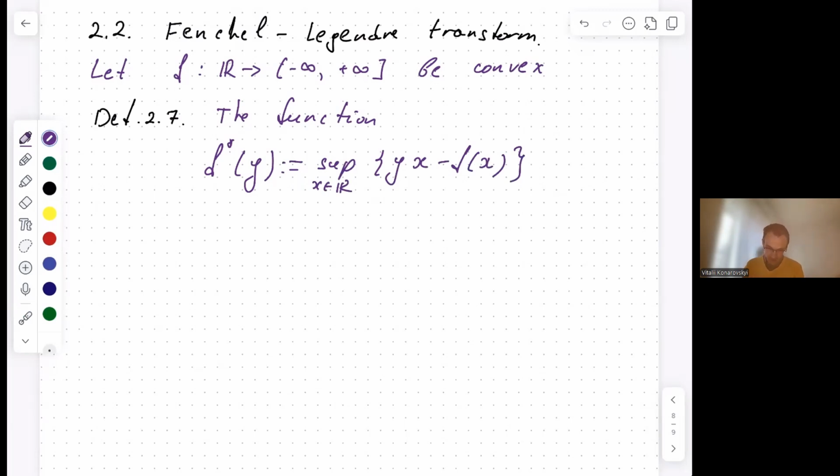As before, we have some function, now we call it f. Here we write a linear function with some fixed slope y minus the given function, and then we take the supremum. And this is called the Fenchel-Legendre transform of f.